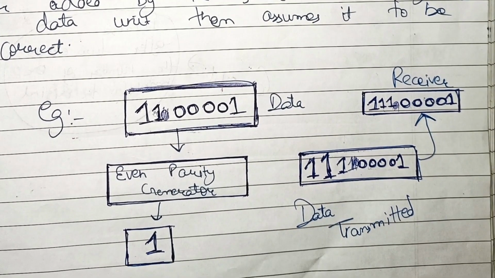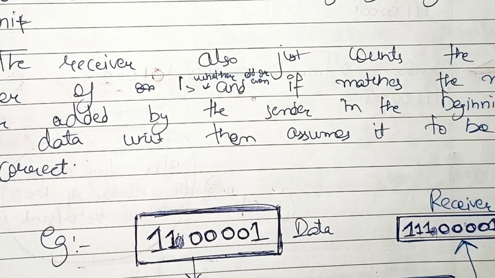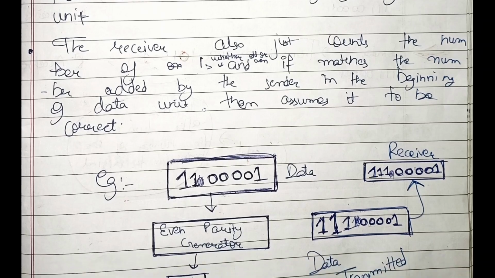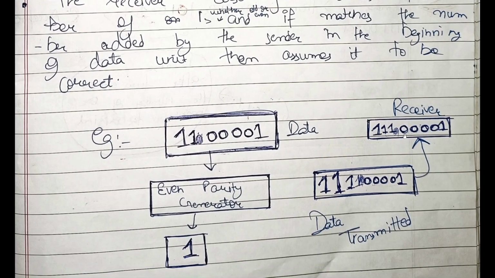Now the receiver also just counts the number of ones, whether odd or even, and if it matches the bit added by the sender in the beginning of the data unit, then it assumes it to be correct. When the receiver receives this data, the receiver already knows that this one is the parity generated bit, and that after this bit, the entire thing is data.